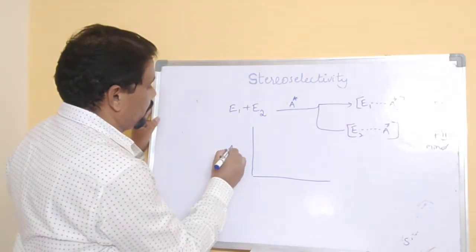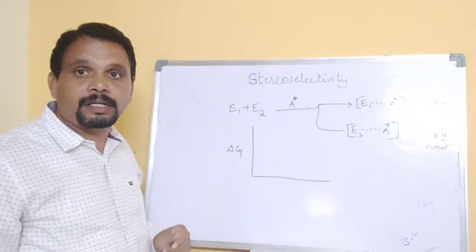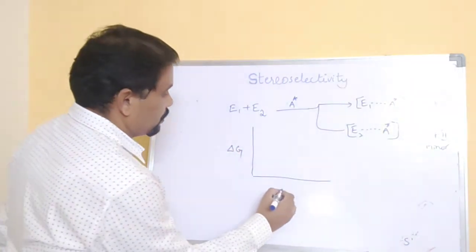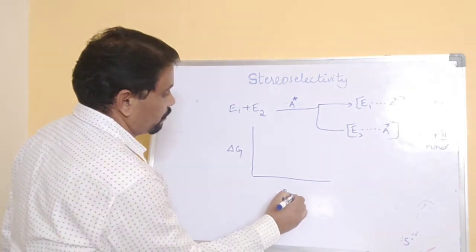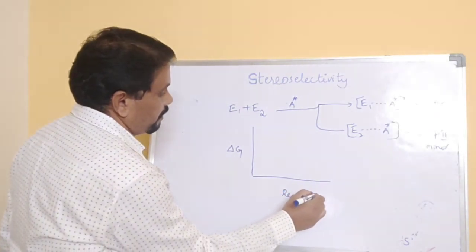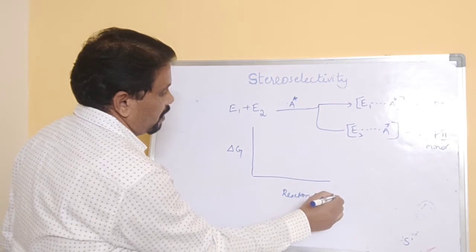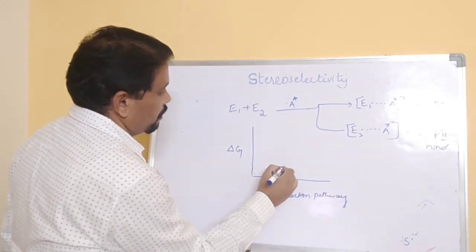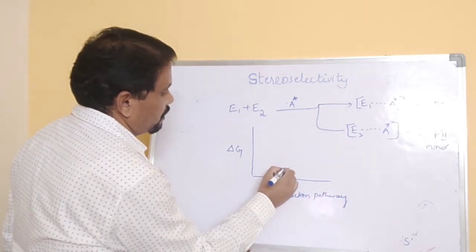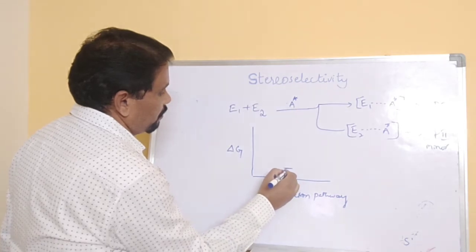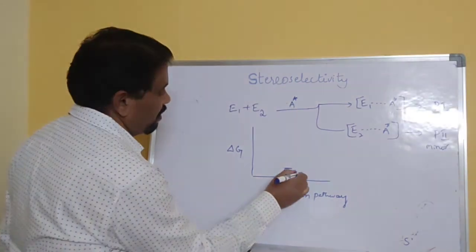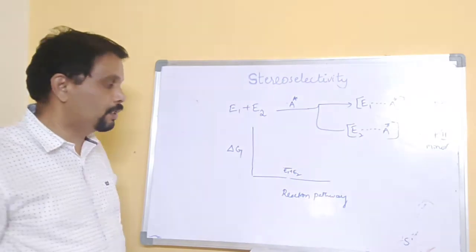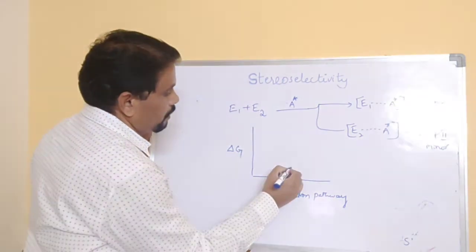So this is delta G, energy levels, and this is the reaction pathway. Suppose this is the E1 plus E2 energy.